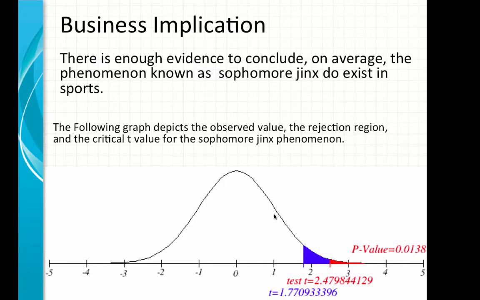There is enough evidence to conclude that, on average, the phenomenon known as sophomore jinx does exist in sports. And I have taken the help of a graph to show the observed value, rejection region, and the critical t-value for the sophomore jinx phenomenon. Here you can see the red area where my t-stat value falls, so it's greater than the critical value.